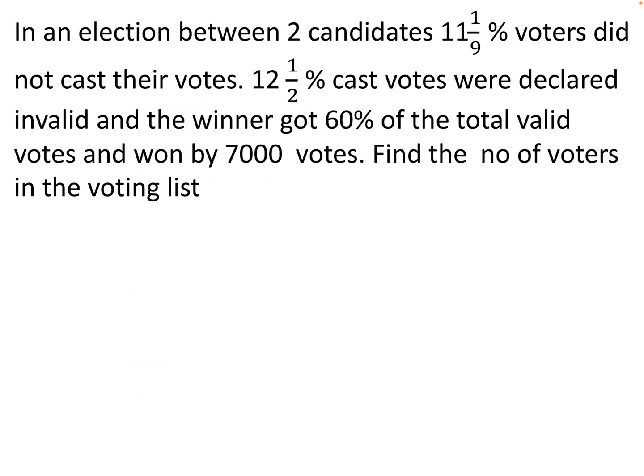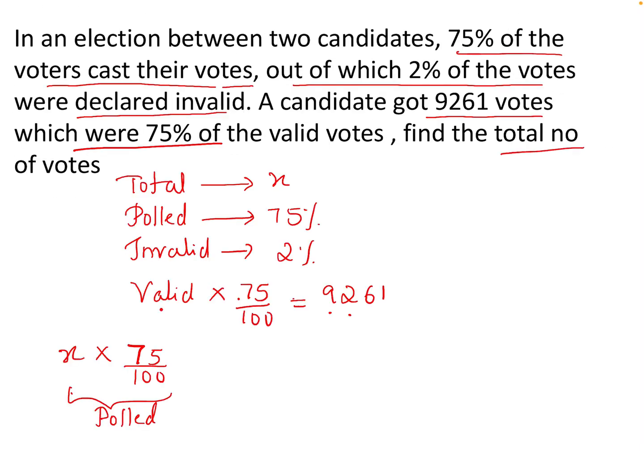Total number of votes, sorry, total number of voters, it should be. Find the total number of voters. Total number of voters means the voter list they are asking us.